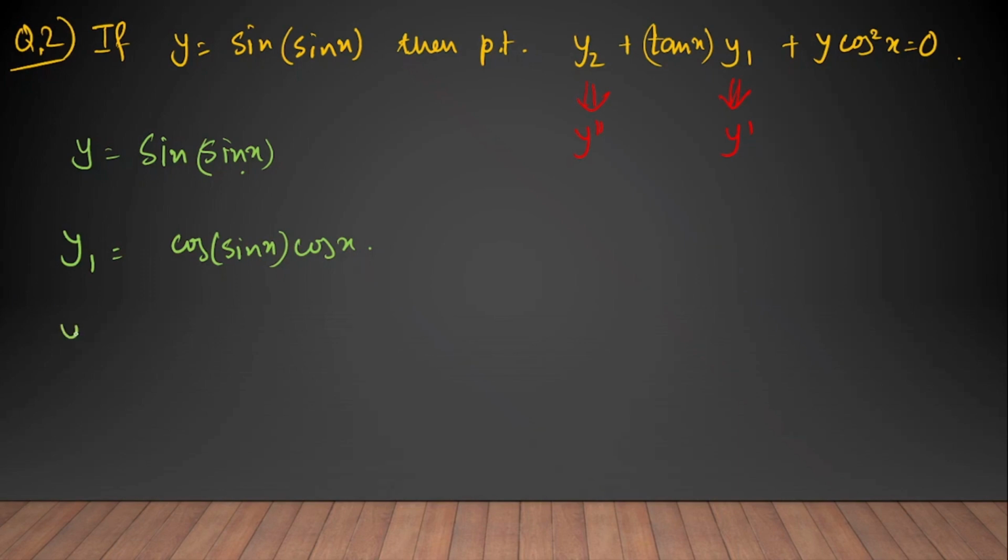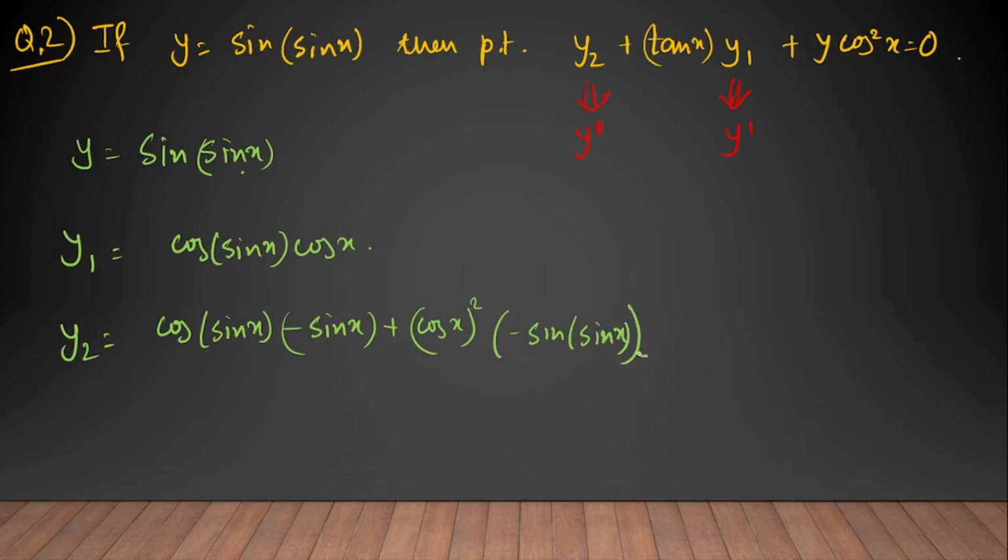Then what will be y2? Y2 will be cos of sin x into minus sin x plus cos x whole square into minus sine of sin x. Okay, this is the answer.